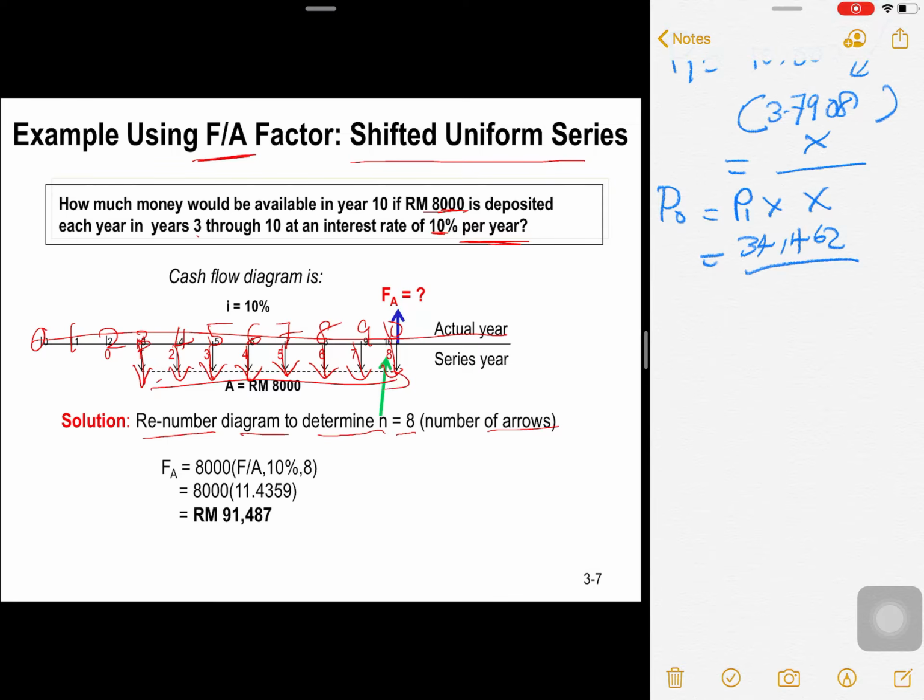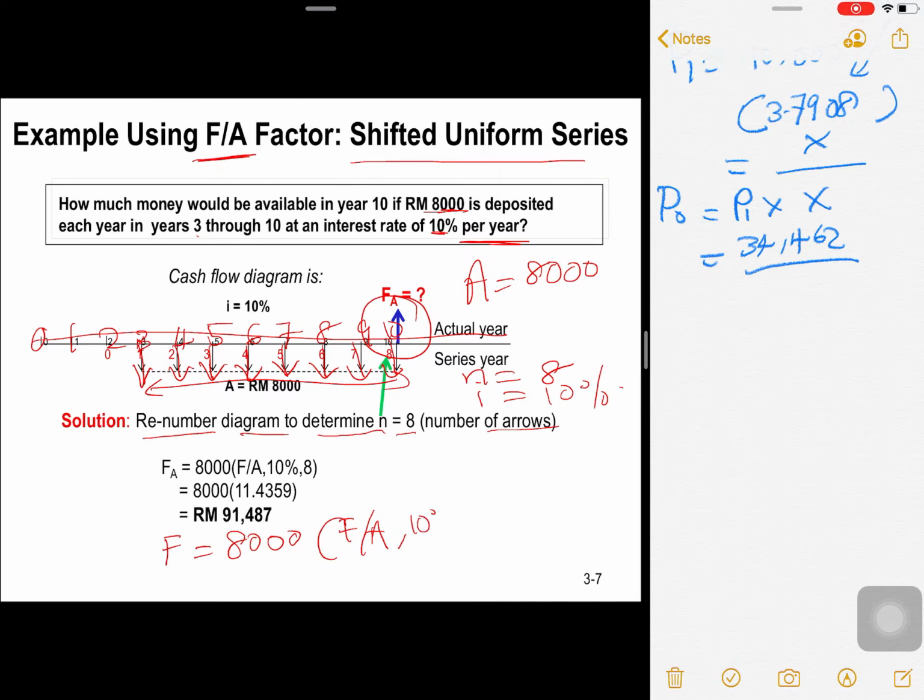So how many periods do we have? 8 periods. So the n for you is 8. i for you is 10%. A value is how much? 8,000 ringgit. So solving for this, you have F equals to 8,000, which is A, times F over A, 10%, n equals to 8.